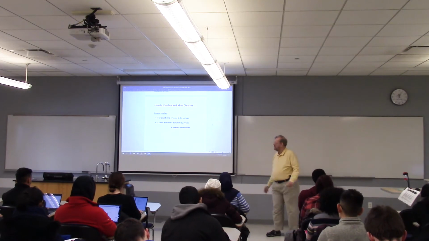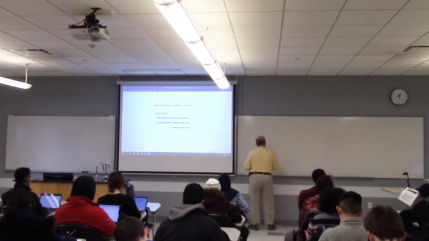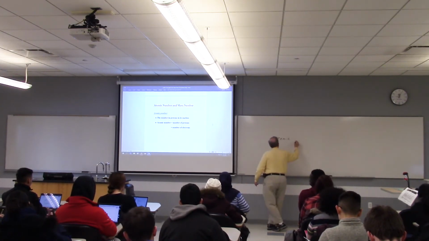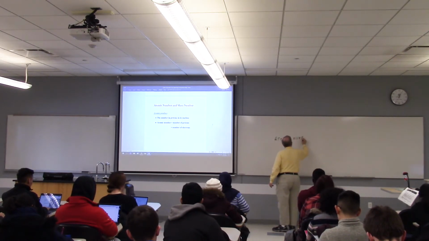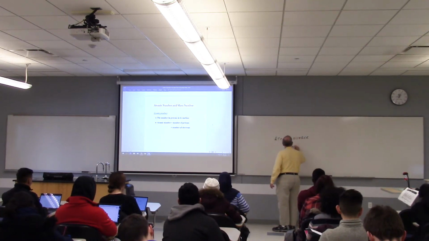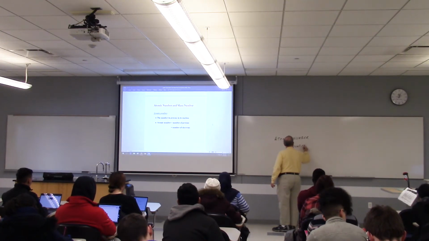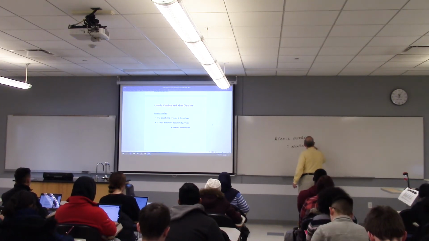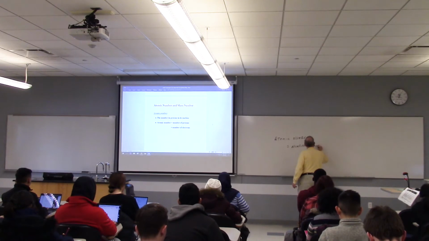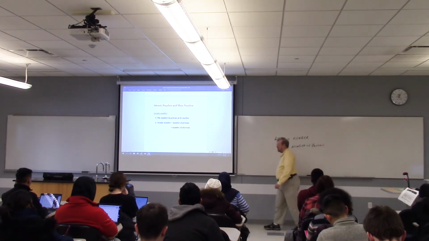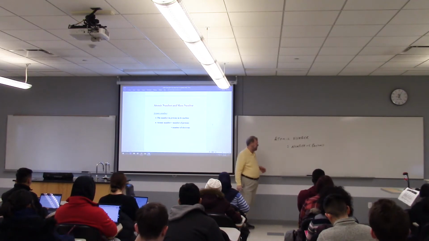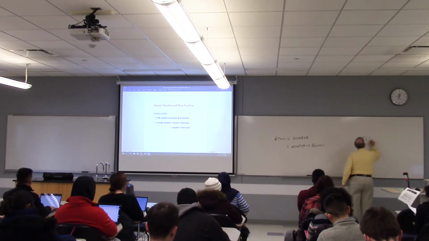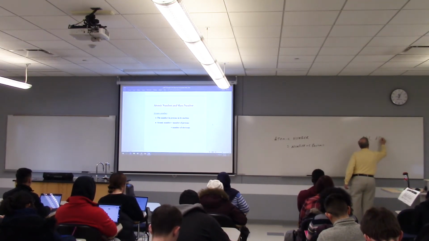So atomic number equals the number of protons. Now, I don't have a slide for this. I'll write it the old-fashioned way on the board. And I have a slide later on when we talk about this.